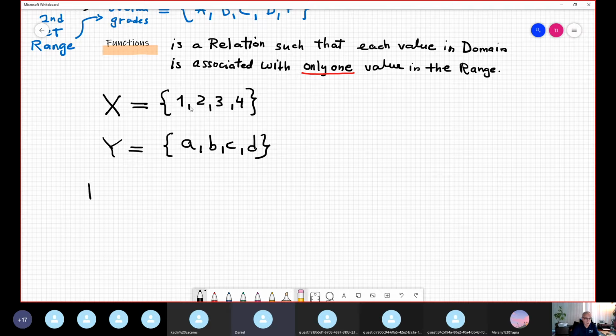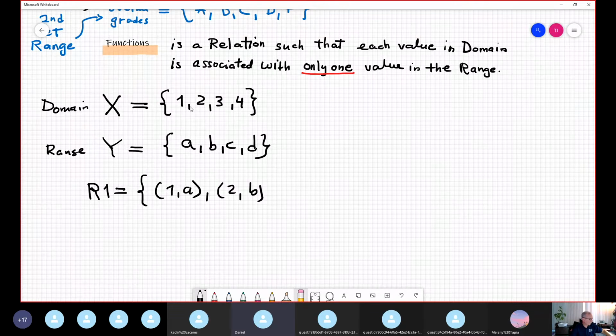So relation 1, capital R1, is, remember, a set of order pairs, in this case 1, A. You associate like an order pair one element in the domain, que es this. I declared a domain and range. So 1 associated with A, comma, 2 associated with B, comma, 3 associated with C, comma, 4 associated with D.